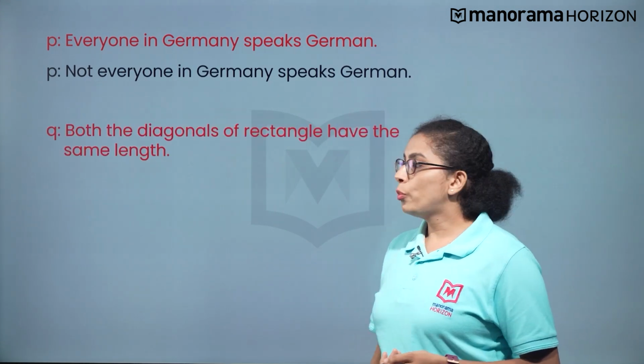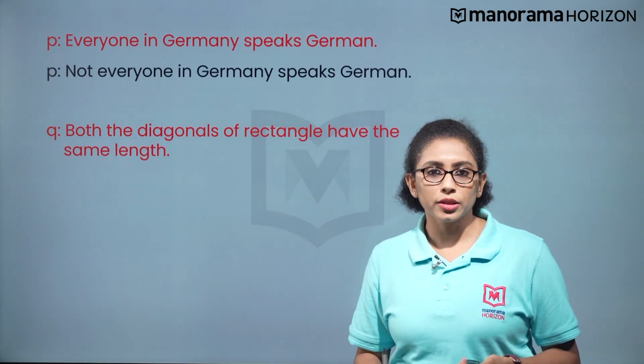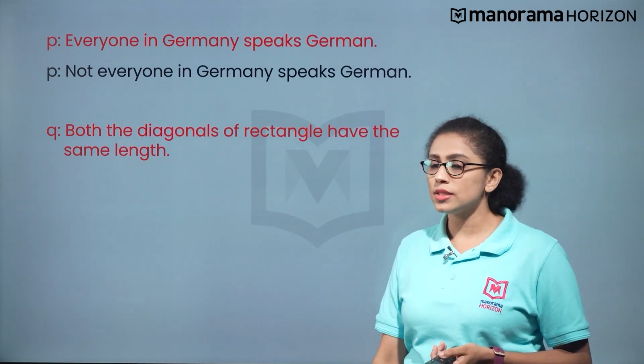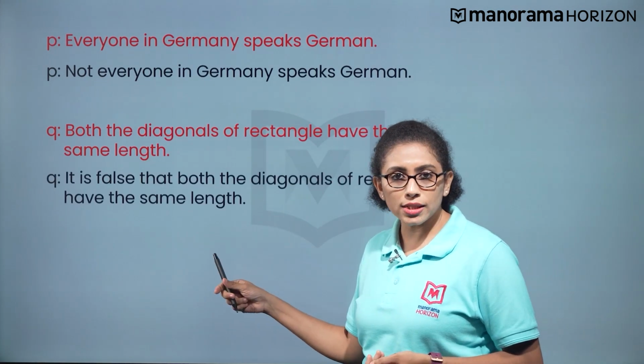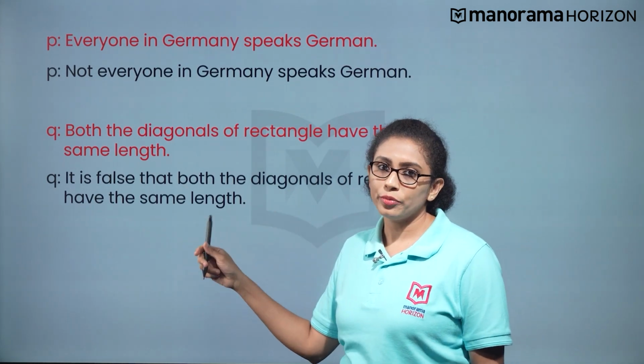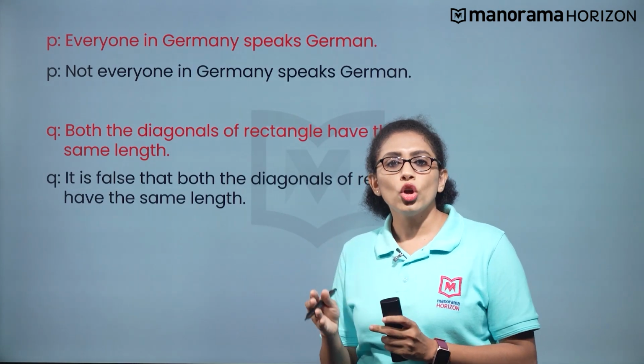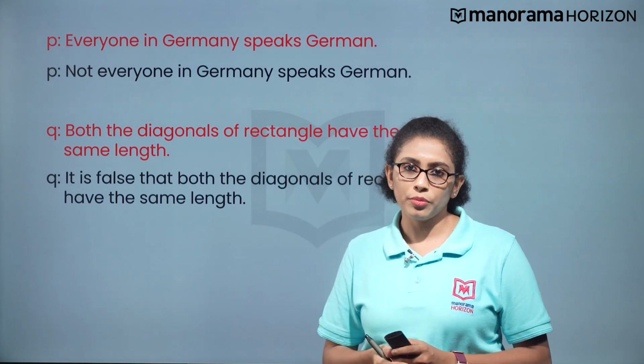Next, both the diagonals of a rectangle have the same length. The negation for this statement is, it is false that both the diagonals of a rectangle have the same length. It means that there is at least one rectangle whose diagonals do not have the same length.